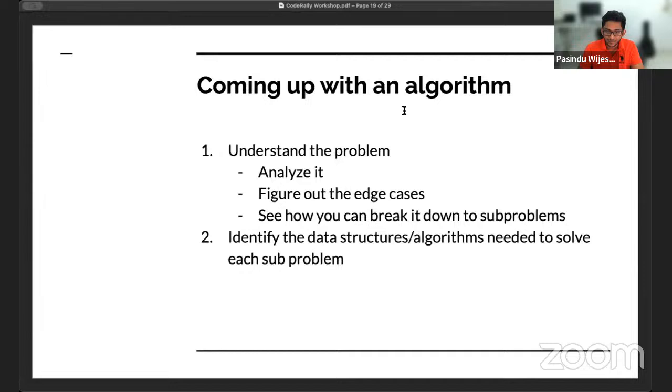For example, in our Fibonacci series case, one insight that we got was, although you might have 10 to the power 5, 100,000 queries, in each of those queries we might see repetitive things, right?